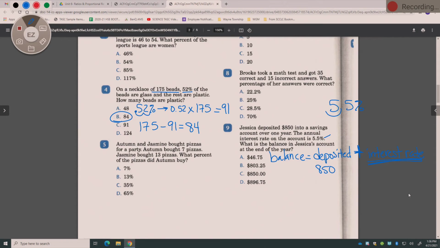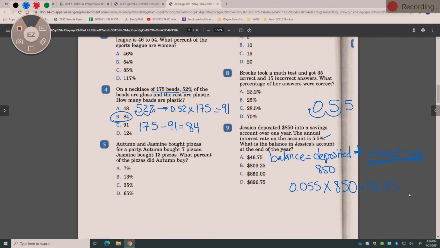So I go over 1 and then 2, and I make my new decimal point, and I take off my percent sign. So my percent as a decimal is 0.055 times my total amount, which is 850, and that gives me $46.75.